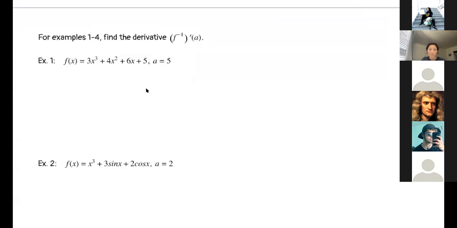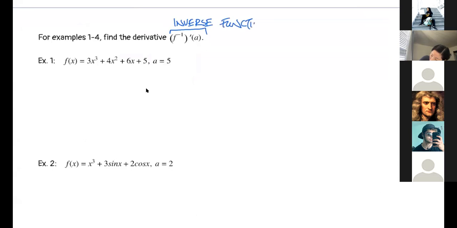Okay, here we go. All right, so for examples 1 through 4, we're going to find the derivative of the inverse function at a. Let's go back and think about what these mean again in words.